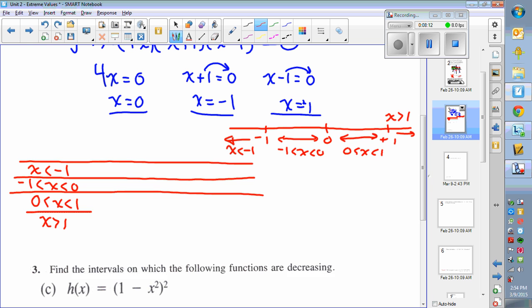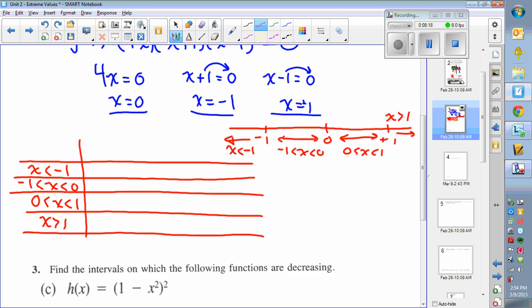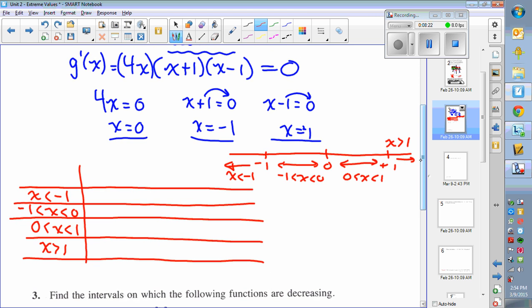Now, take a second to draw this out. What do I place at the top of this table? I'm going to put all of the factors of my derivative, 4x, x plus 1, and x minus 1. And I'm going to create each of those factors as a column. This isn't the only way to do it. It's just a nice structured way that I like to show.